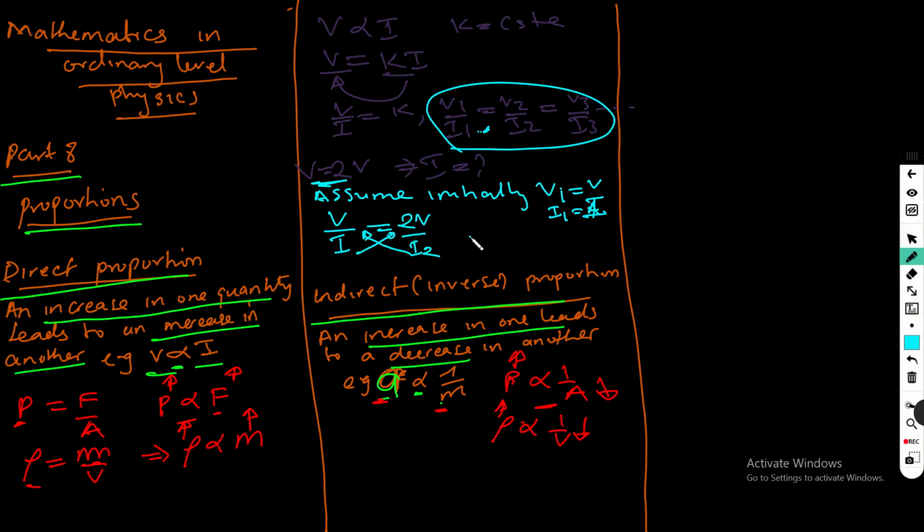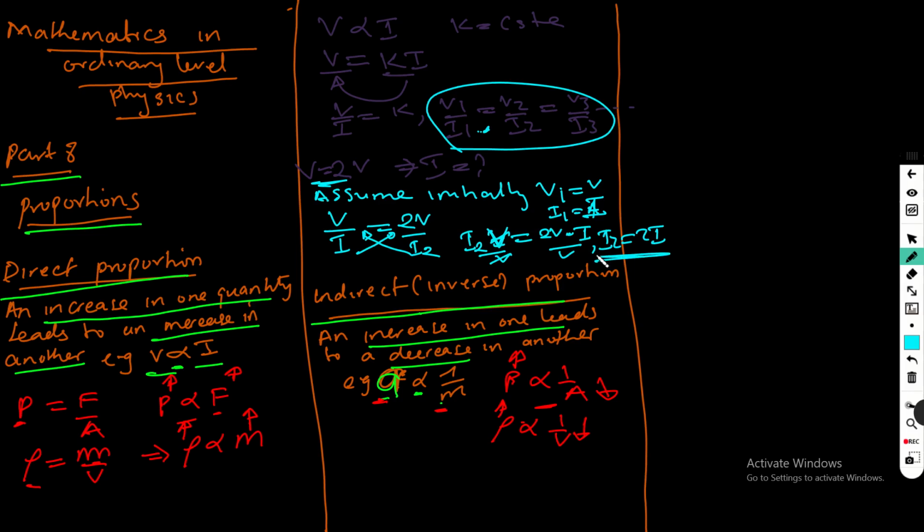So you have your I2 times V equal to 2V times I. Dividing both sides by V, this one cancels this, and you are left with I2 equals 2I, meaning that the current at the moment is 2 times the initial value.